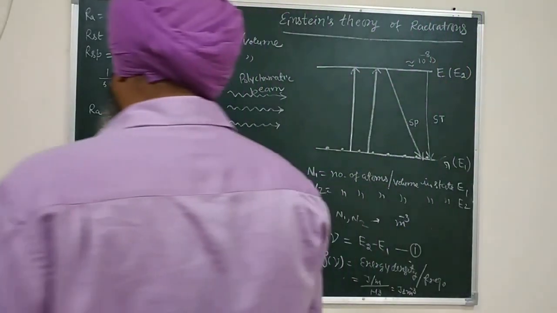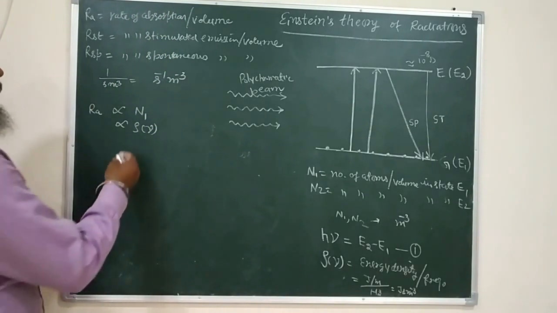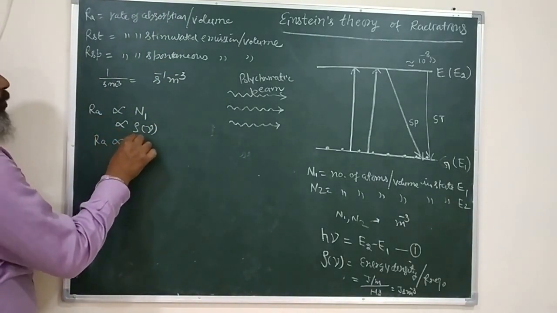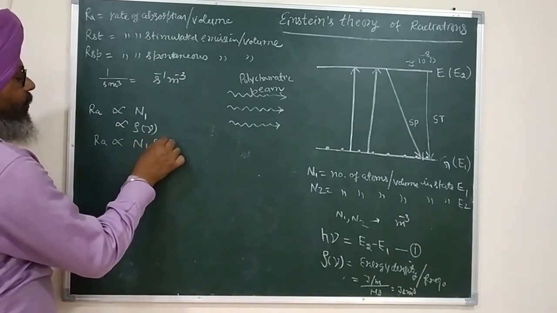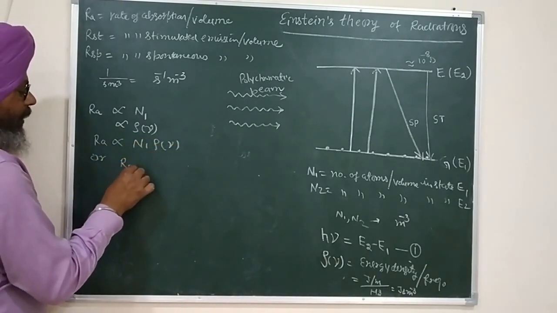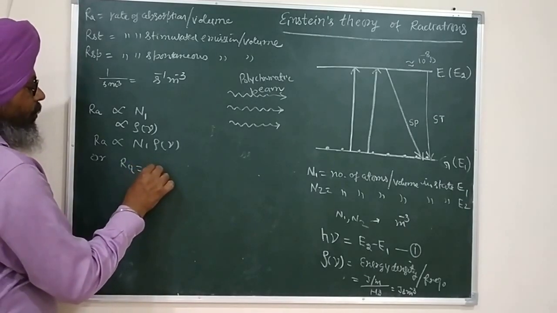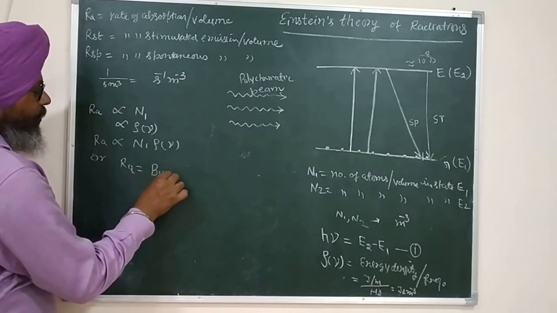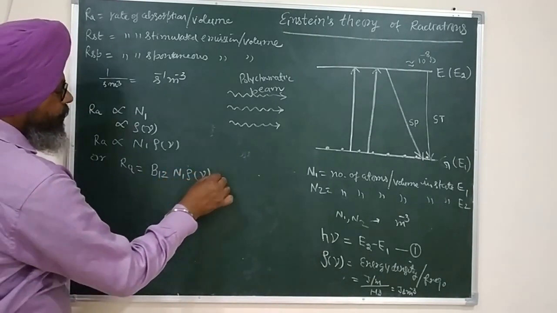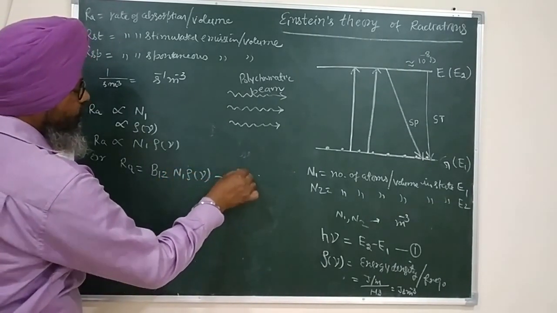So if I want to convert this proportionality into equality, I can write Ra proportional to N1 rho nu, or Ra is equal to B12 N1 rho nu. This is my equation number 2.